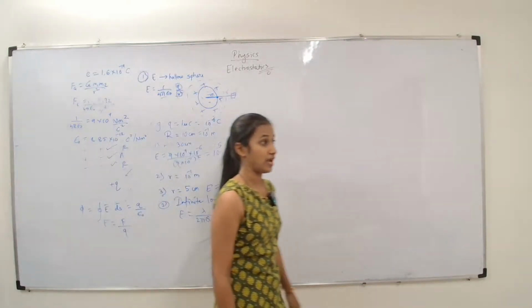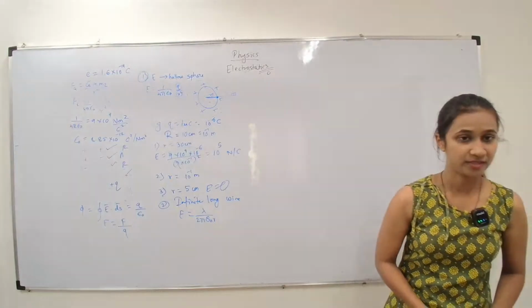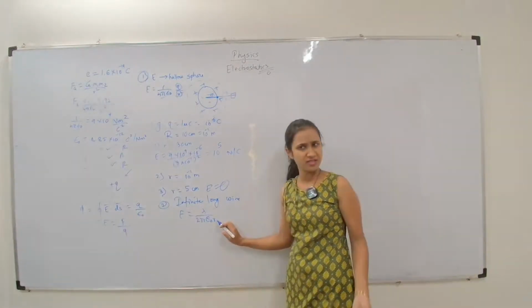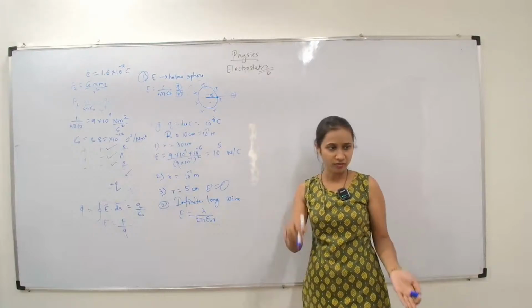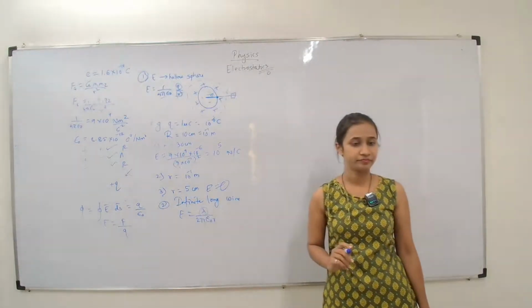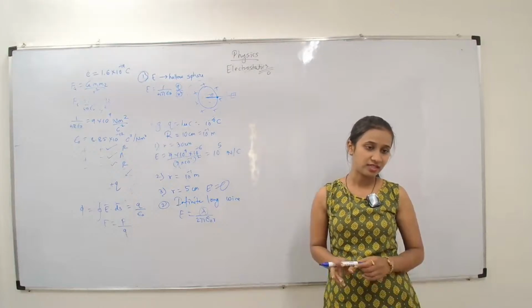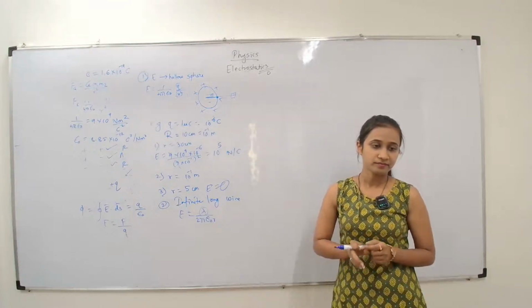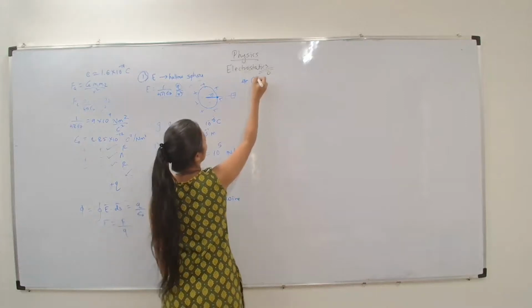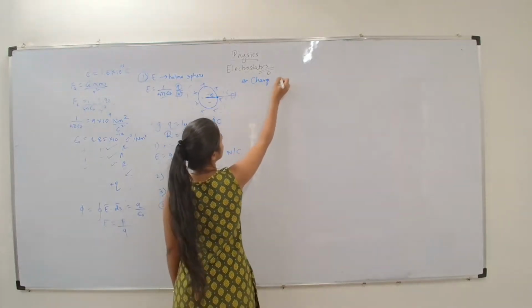Now what is this lambda? 2 is constant, pi is constant, epsilon naught is constant, r is the distance at which you have to find out electric field. Which type of charge density is this lambda? So the topic is charge densities.